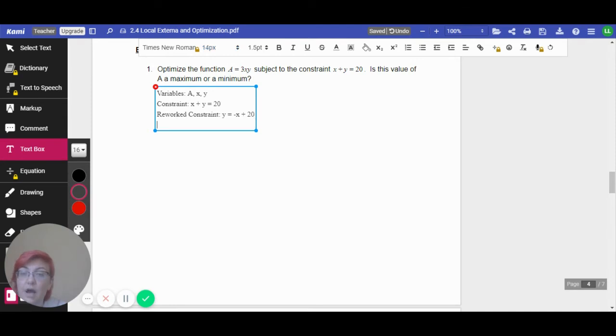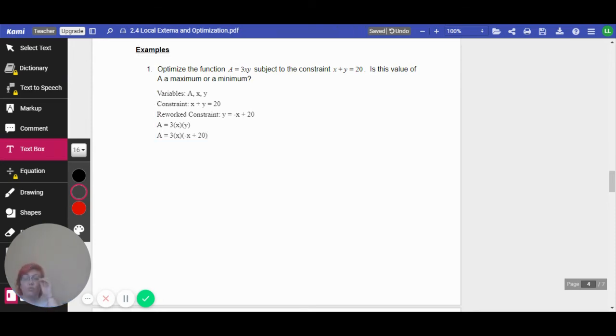Now, I know that A equals 3xy. So what I'm going to do is plug in my reworked constraint in place of y. So now A is 3x times negative x plus 20. So now I've rewritten A in terms of x.